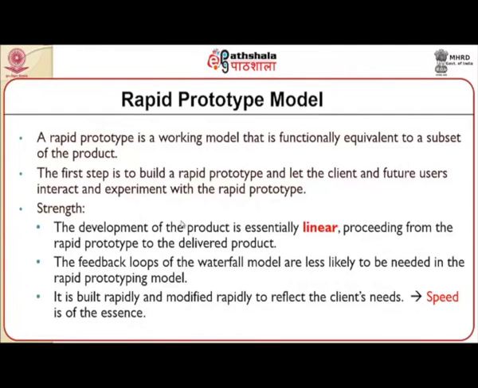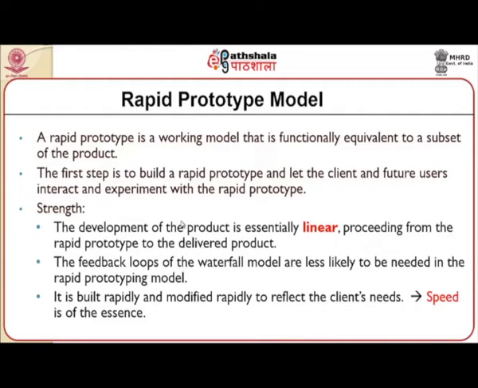So to look in more detail at the rapid prototyping model, a rapid prototype is a working model that is functionally equivalent to a subset of the product. The first step is to build a rapid prototype and let the client and future users interact and experiment with it. The major strengths of this model include that the development of a product is essentially linear, proceeding from the rapid prototype to the delivered product.